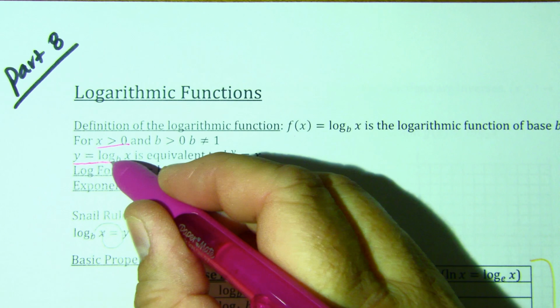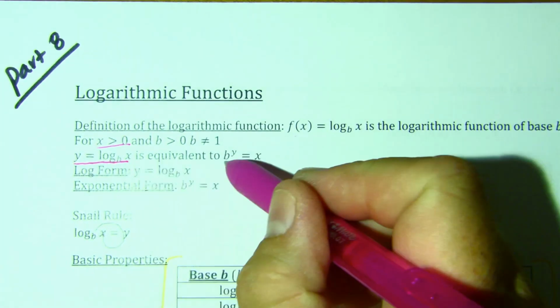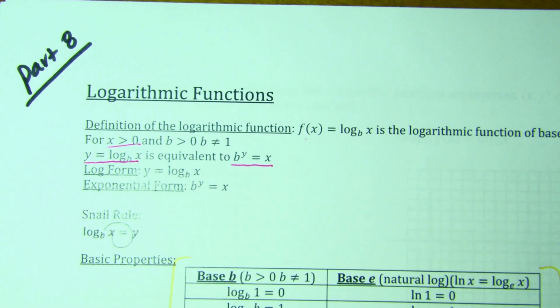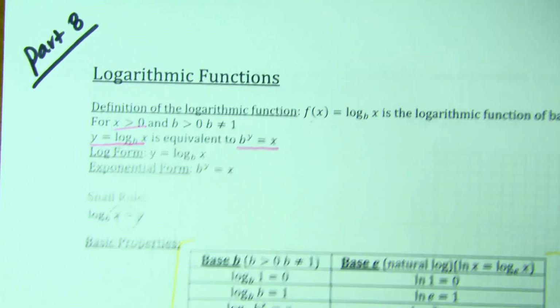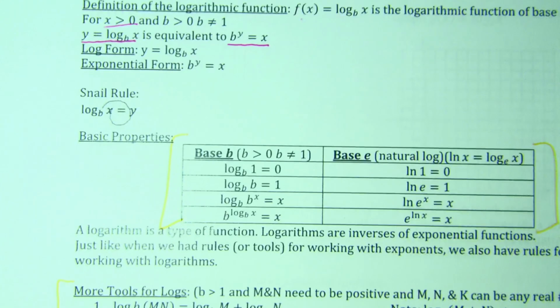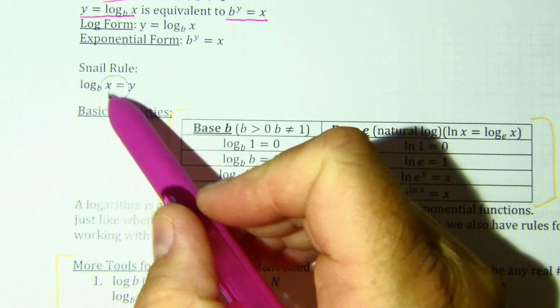So this is log form of an equation, and we can turn that into what's called exponential form. The way you convert back and forth between logarithms and exponential functions, I call the snail rule. This is not the technical term for it, but when I took Algebra 2 in high school, this is what my teacher called it, and it just kind of stuck, and I've called it the snail rule ever since.